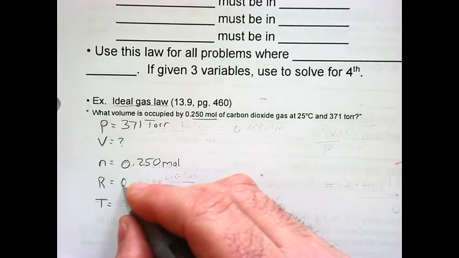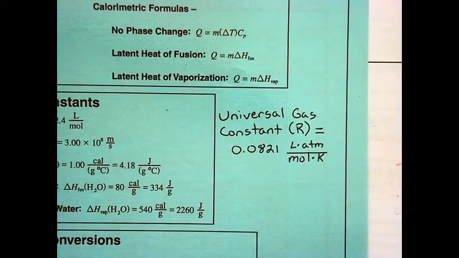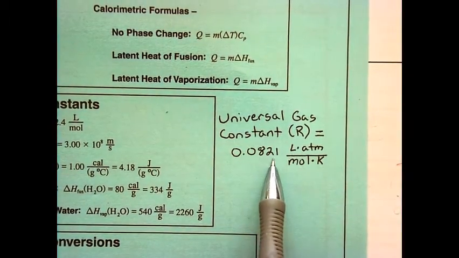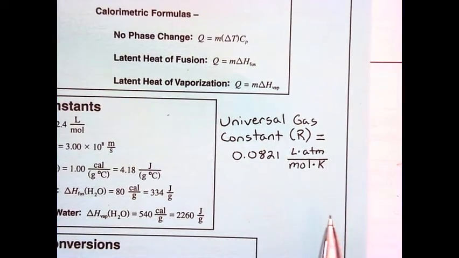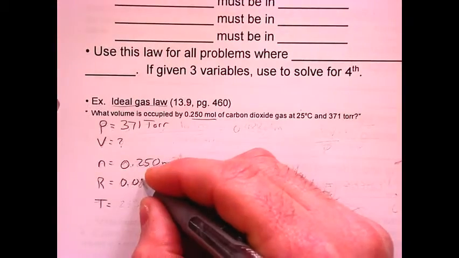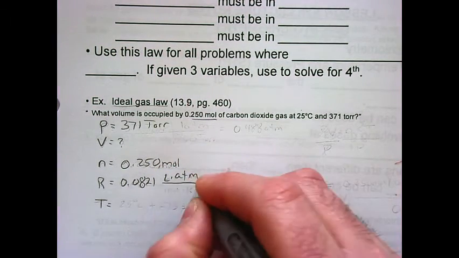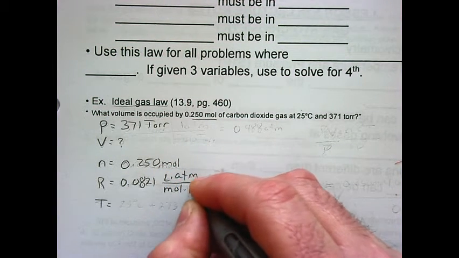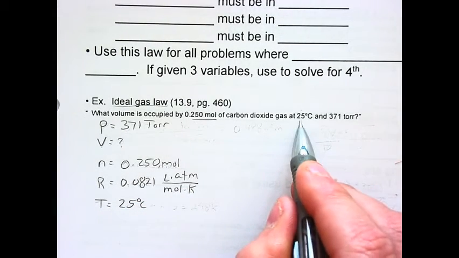R is the universal gas constant, which, according to my sheet, is 0.0821 liters times atmospheres over mole kelvins. And then temperature is 25 degrees Celsius.